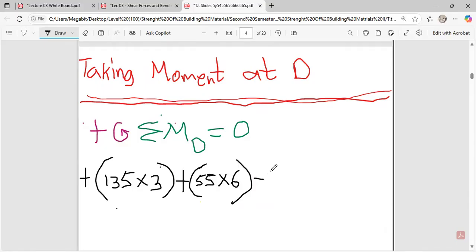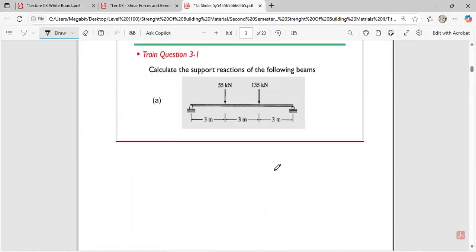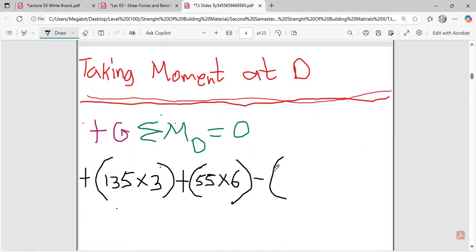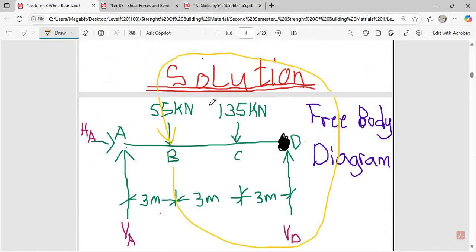Then minus your VA. You realize that the VA is also going to perform a clockwise movement. That is why we are getting a minus.